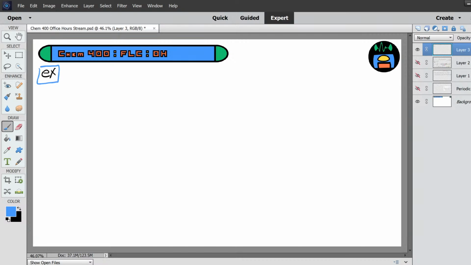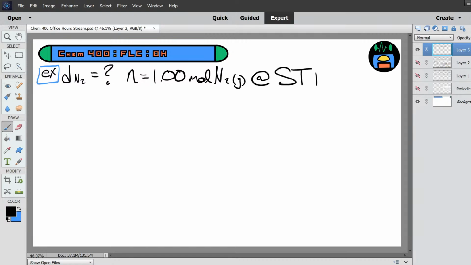The second question I asked was to find the density of nitrogen gas if you had 1.00 moles of nitrogen gas at STP.